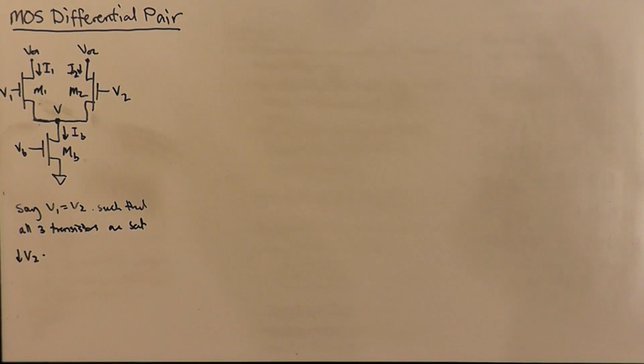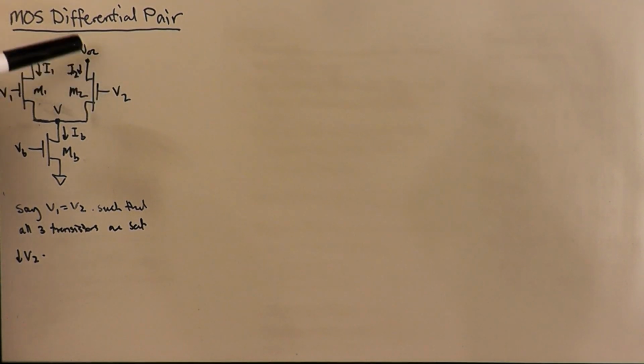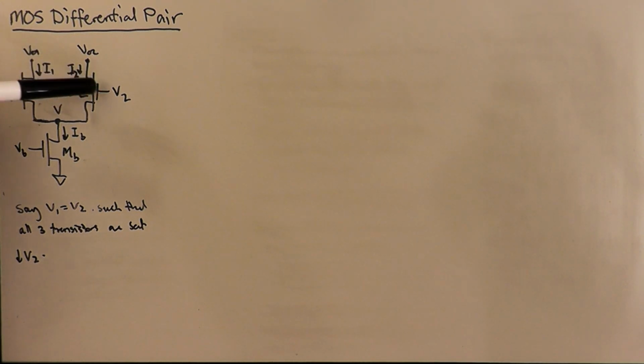Well, we already figured out what's going to happen if we start decreasing V2. That's going to start steering some of I2 toward I1. They started out at half IB, and now by pushing V2 down, we're going to make I1 slightly bigger and I2 slightly smaller.